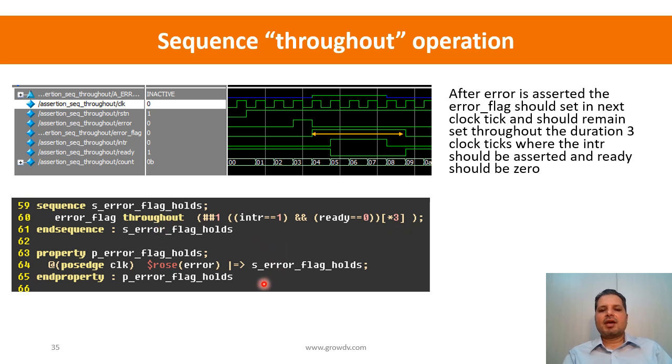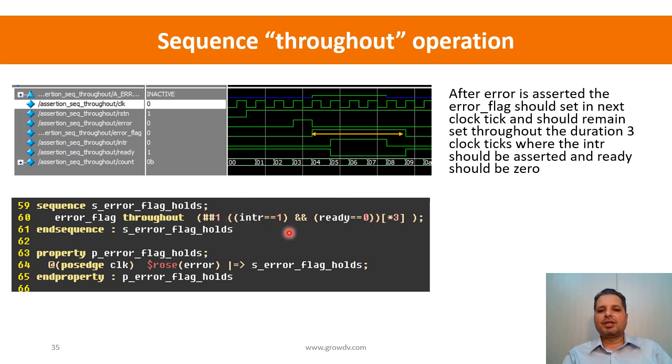The way we have modeled it, let's start from the property this time. We are saying $rose of error, that is, a 0 to 1 transition on error, and when that happens, in our consequent we call this sequence, and what we are saying is the error flag must remain set throughout this sequence. The sequence is that we want interrupt to be 1 and ready to be 0 for 3 consecutive clock cycles.